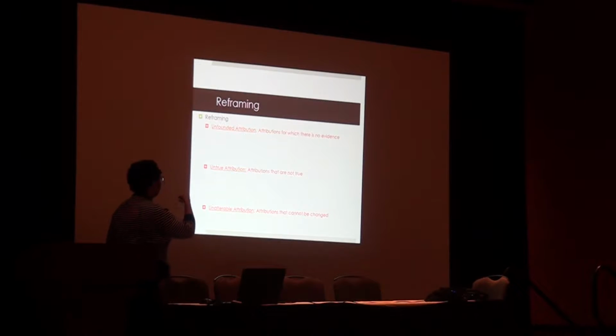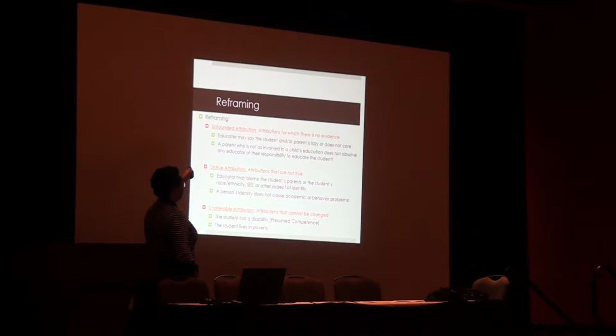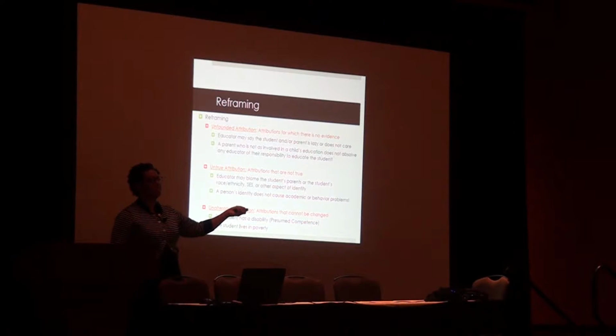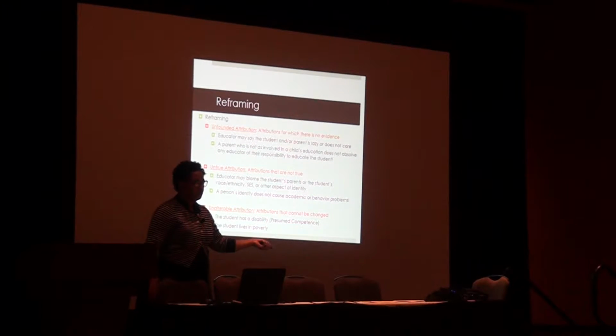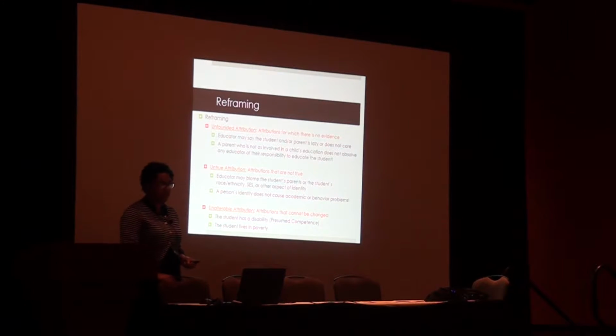So when we think about deficit-based conceptualizations, let's start with the unfounded. A common one we hear on teams is that a person may say that the parent is lazy or doesn't care about the child's education, and that's why the student is struggling, having behavioral difficulties or social difficulties or whatever it might be.